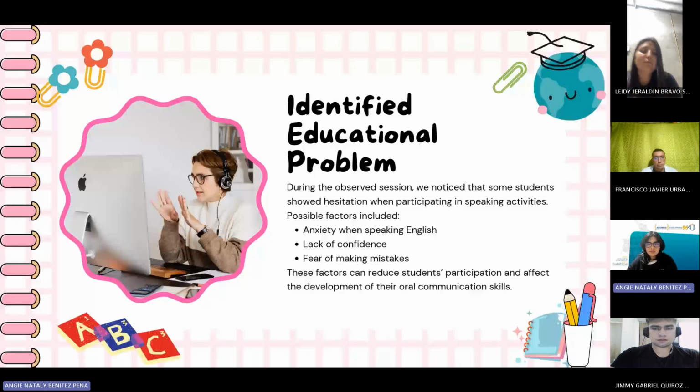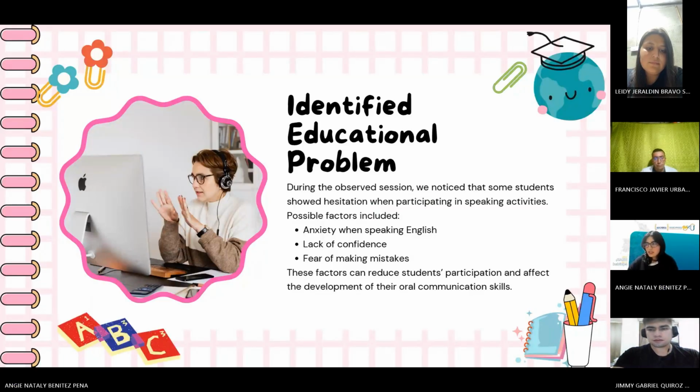Possible factors include anxiety when speaking English, lack of confidence, and fear of making mistakes. These factors can reduce students' participation and negatively affect the development of their speaking skills.